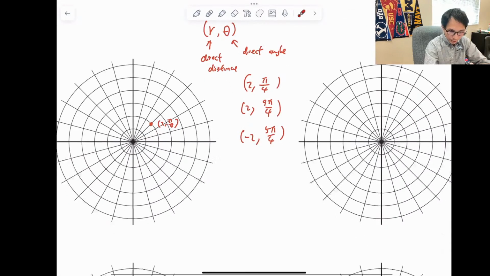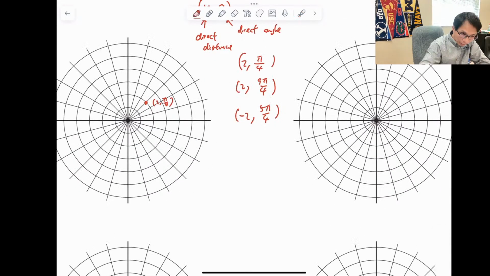So the way to think about this is, if you ever have (r, theta), that can represent (r, theta plus 2m pi). Why? Because I can add multiple 2 pi's.